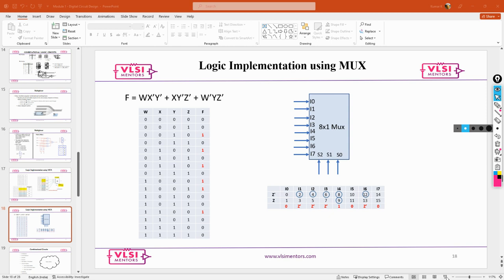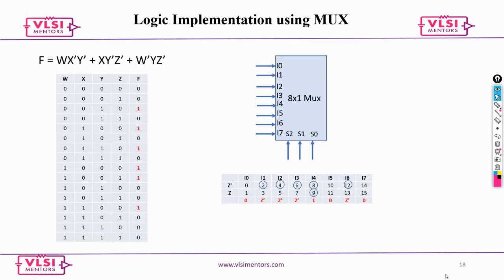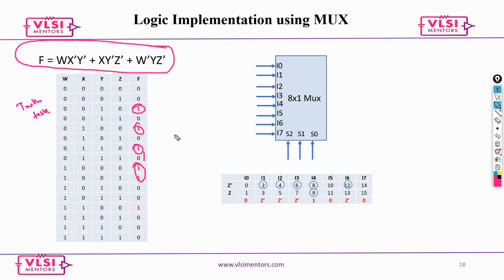Okay, so this particular slide, this is the equation that I wanted to implement using MUX. Now what is the basic process that we follow? Get your truth table and optimize using K-maps. In this case, we are not actually going that way, but you have your truth table. Now you know in which conditions they are one.